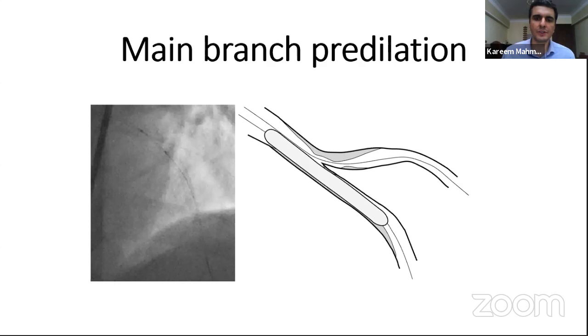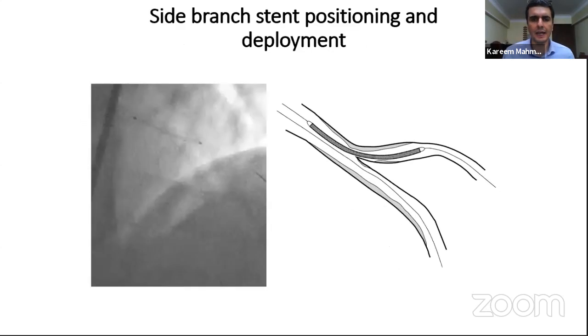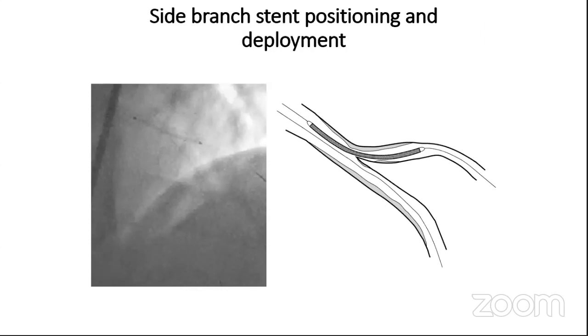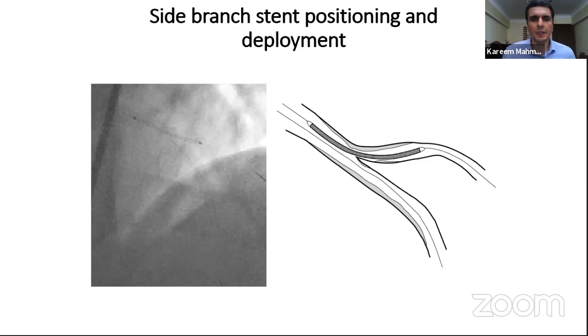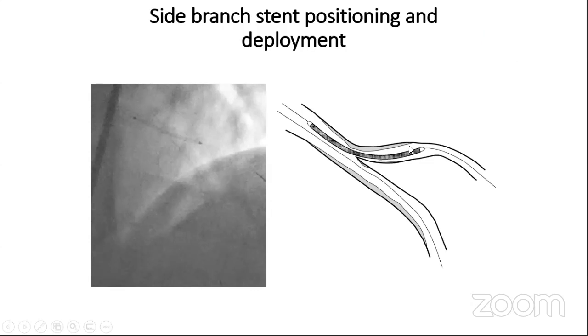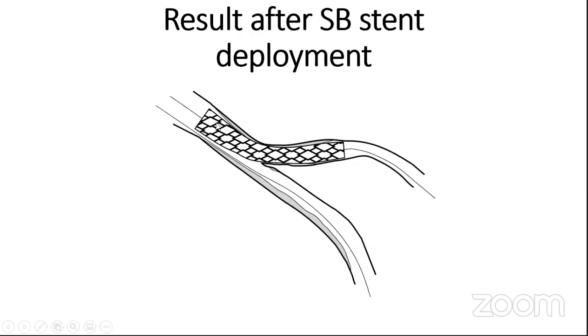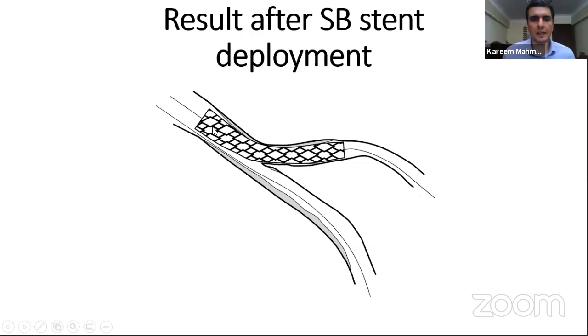So either to do it sequentially or to do a kissing balloon inflation for a preparation of the bifurcation lesion. Here we'll start with the side branch with the stent extending from the proximal main vessel into the side branch, then inflating the first stent into the side branch.